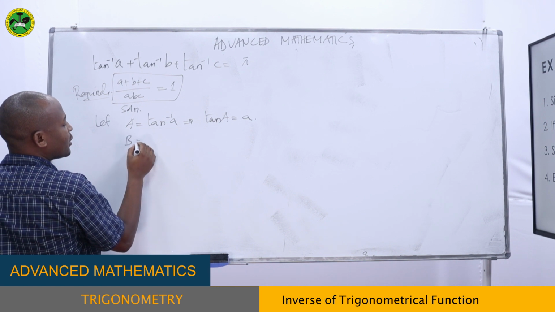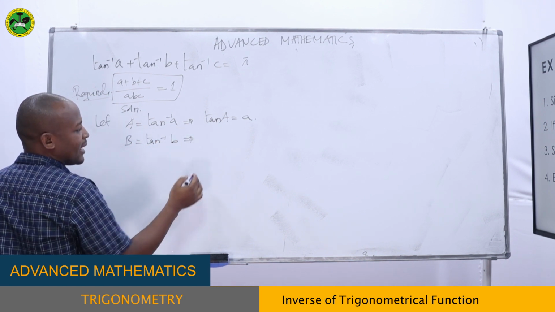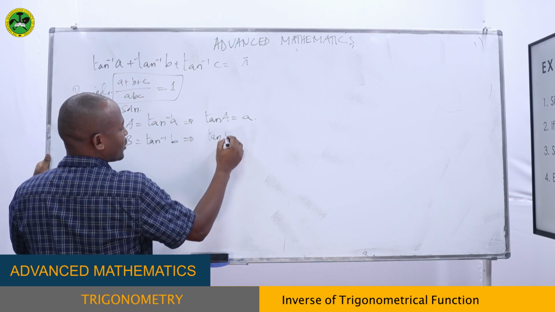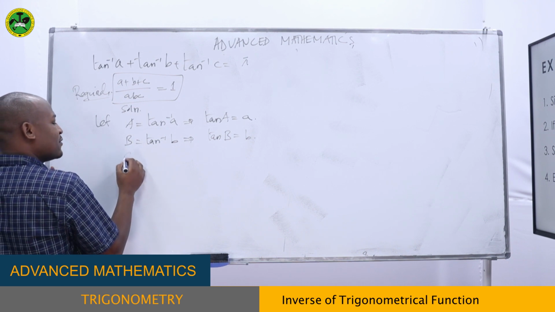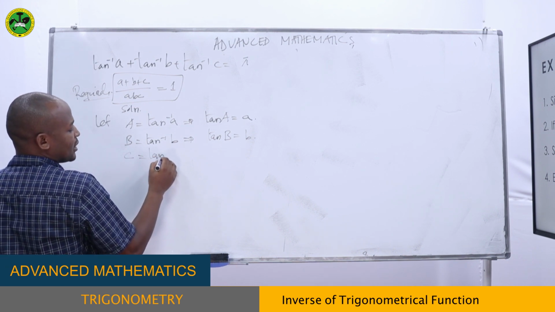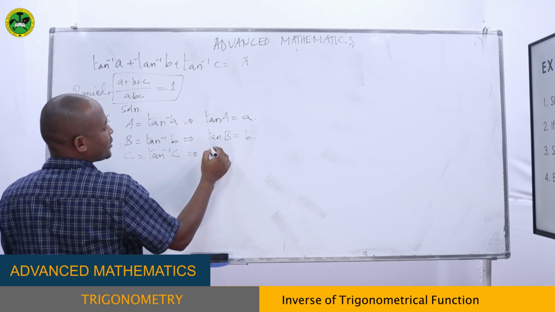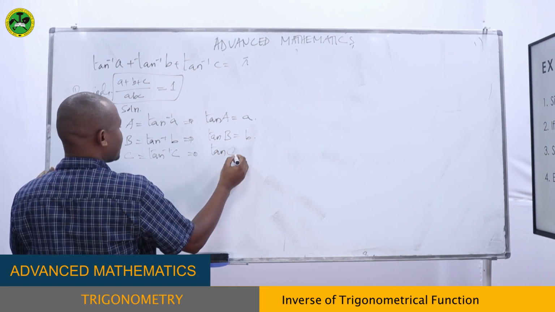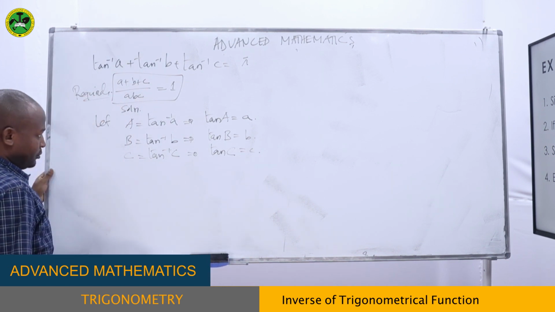And capital B equals tan inverse of B. That implies that tan of capital B equals small b. And then we have capital C, that is tan inverse of C. That is to say, tan of capital C is equal to small c.